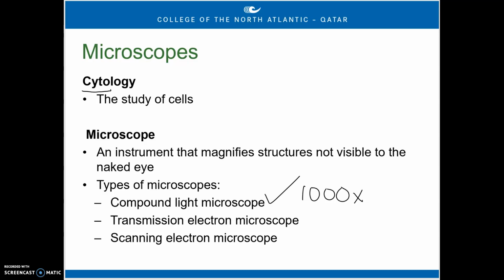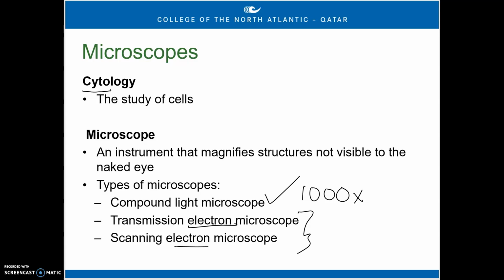The next two types of microscope here, as you can see, are electron microscopes. Those microscopes aren't even going to use light in order to see. They're going to use a beam of electrons. When we're talking about electron microscopes, we're talking about really high powered microscopes.